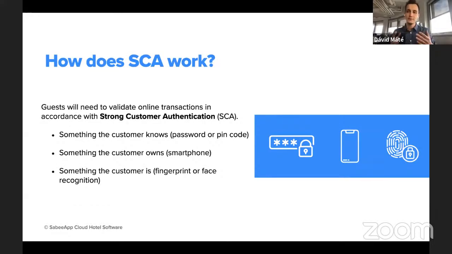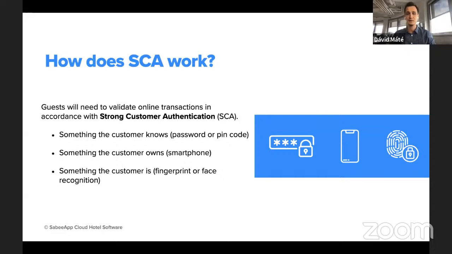So when we talk about more secure online transactions, it's very important to talk about SCA. SCA stands for Strong Customer Authentication, which is essentially a process of customers having to acknowledge and confirm a transaction before it can be completed. This can be done in three ways.